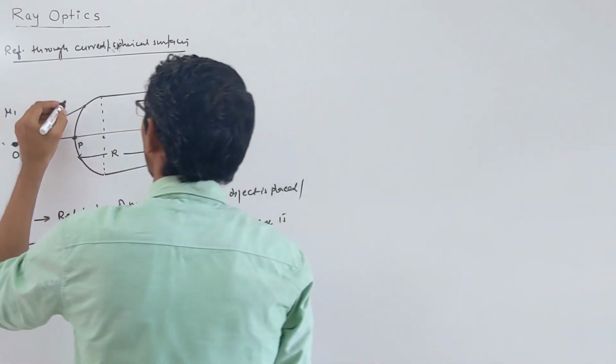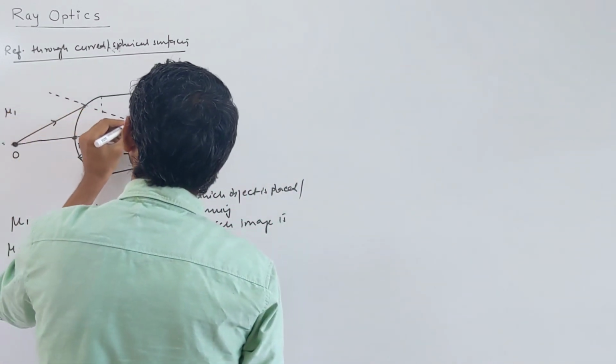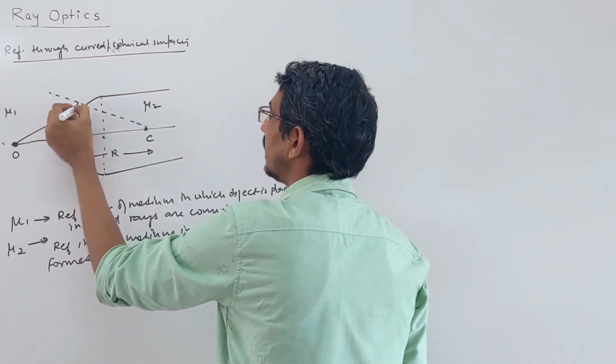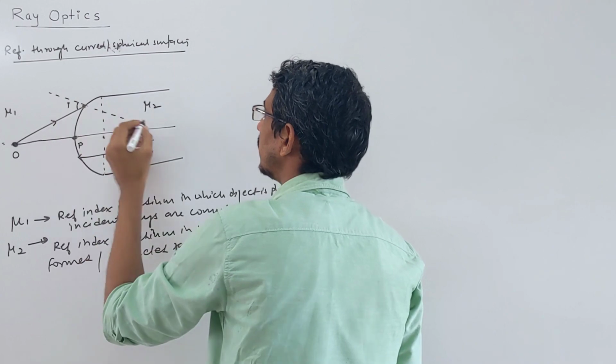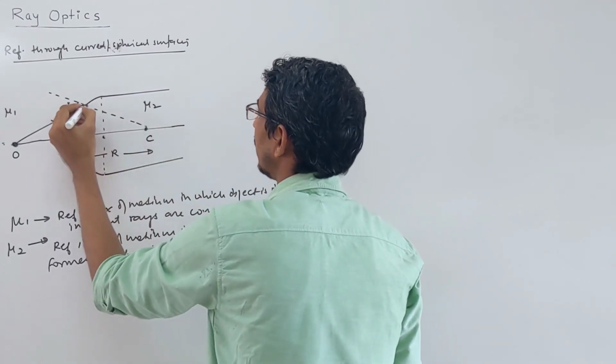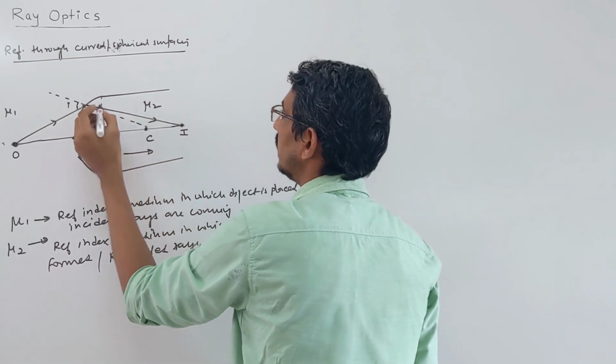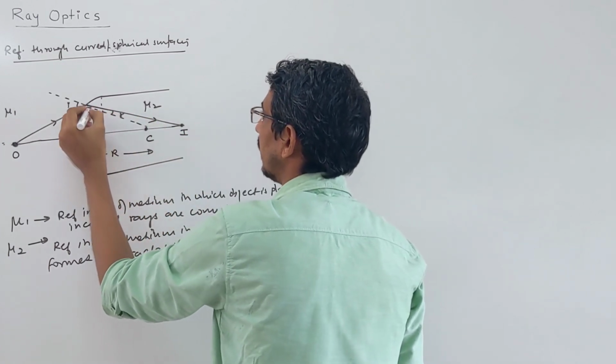Suppose I draw a perpendicular line, which always meets your center of curvature, you know, right? Then this is your angle of incidence. Suppose the image is formed where the refracted ray comes here and makes an image, that's your image formed. So this is the angle of refraction r.